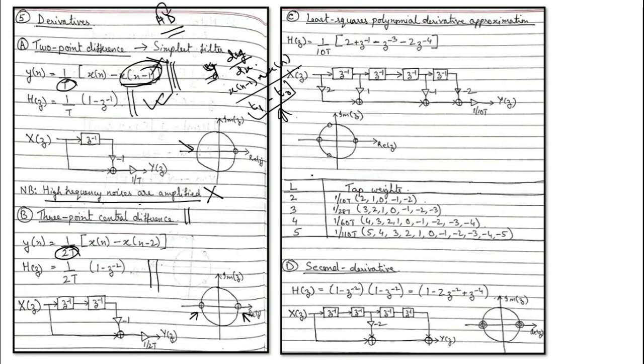Okay. Now then we have this least square polynomial derivative approximation. Okay. This is the equation.